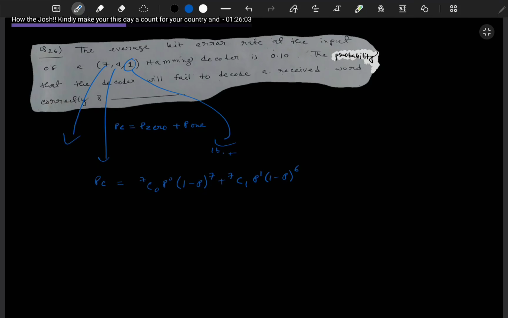So only these two scenarios are there. If you calculate this, you will get 0.9 to the power 7 plus 7 times 0.1 times 0.9 to the power 6, so it will become 0.85. So the probability of error will be 1 minus the probability of correction, that will be 0.15.